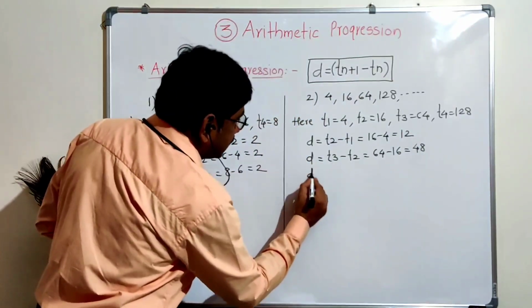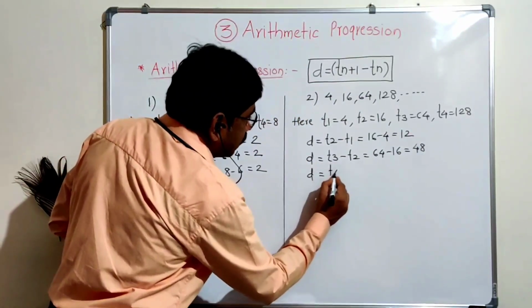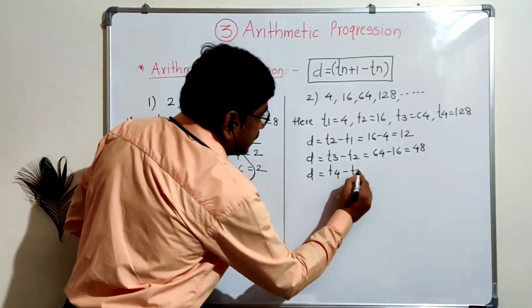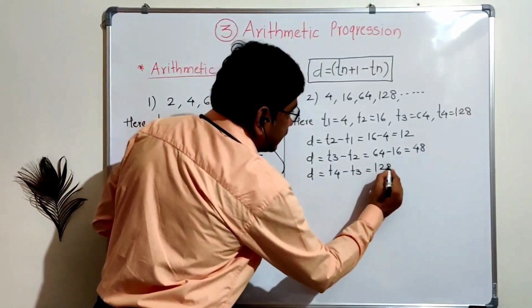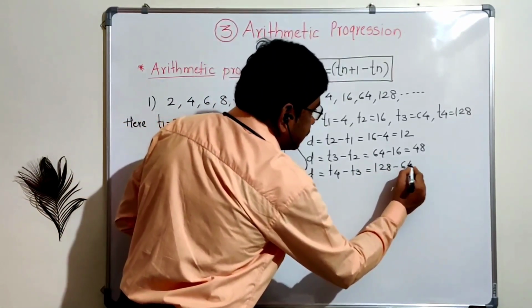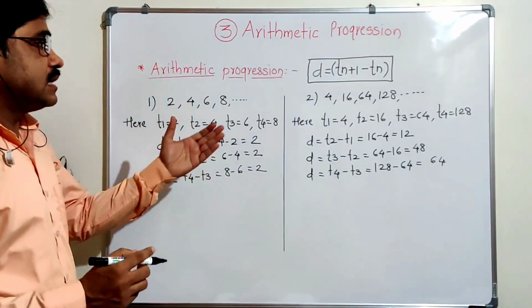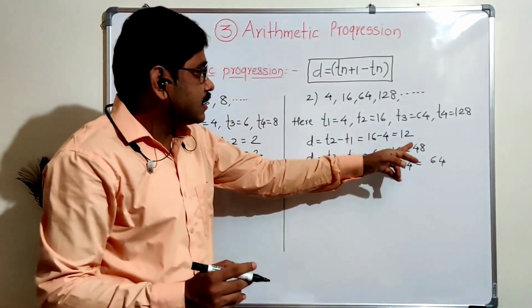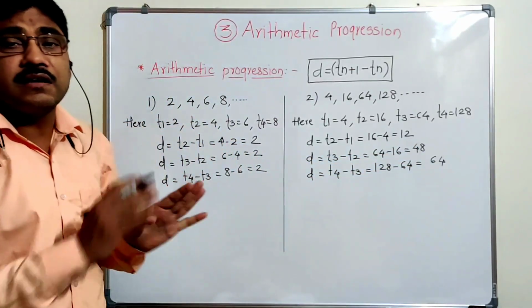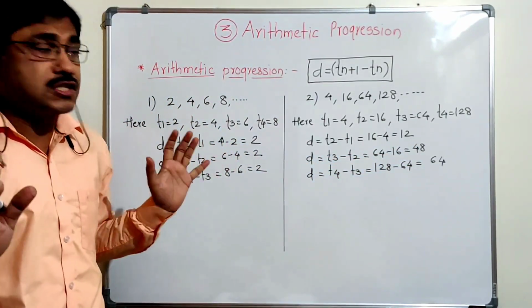And again T4 minus T3 is 128 minus 64, so we get 64. So here the common difference is different everywhere, not a constant.